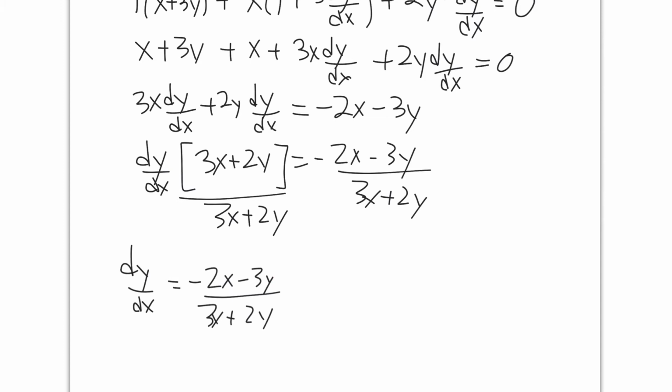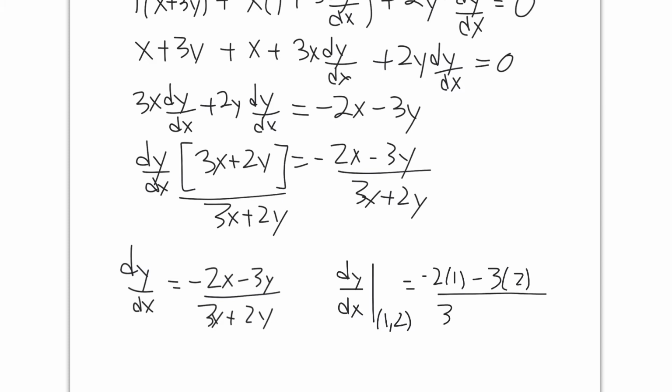So you write it like this. You write dy/dx evaluated at the point (1, 2). So our point is (1, 2), and we draw the straight vertical line to represent that we're evaluating at (1, 2). It's like plugging it into a function, but we have to plug in both x and y. So you get negative 2 times 1 minus 3 times 2 over 3 times 1 plus 2 times 2.